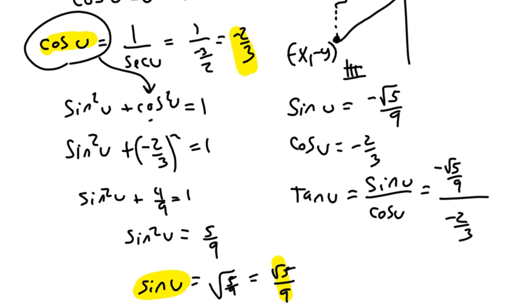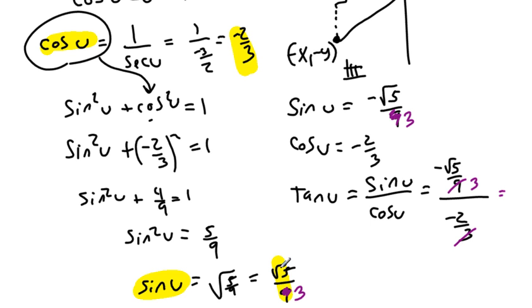Well, we know that 3 can go into 9, 3 times. Let's see, what did I do here? Oh, I'm sorry, the denominator of sine of u should be 3, because the square root of 9 is just 3. Sorry, there was something that was looking kind of weird there.